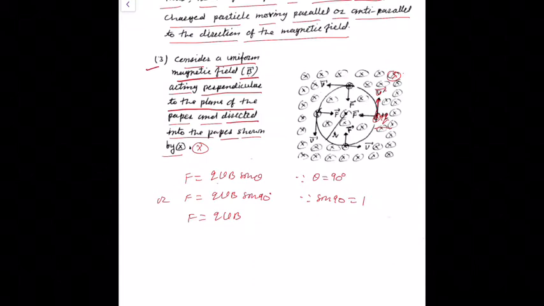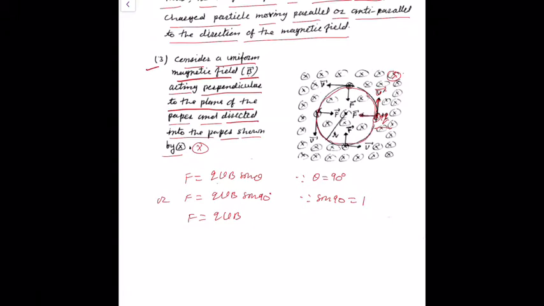In other words, the force F vector on the charged particle acts as the centripetal force and makes it move along the circular path.